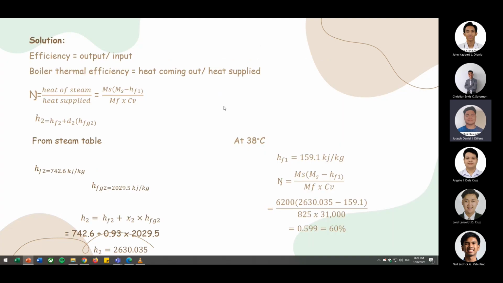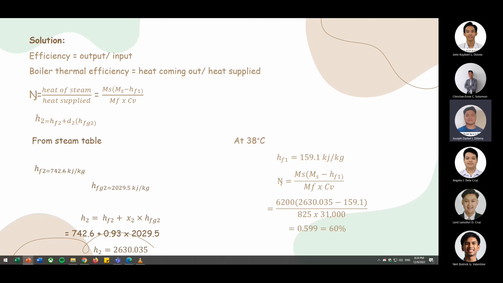Then the solution is efficiency equals output over input. The normal thermal efficiency equals heat coming out over heat supplied. So η is equal to heat of steam over heat supplied. So our equation is M_S times (H2 minus HF1) over M_F times CV.